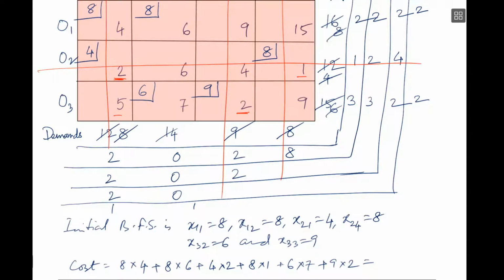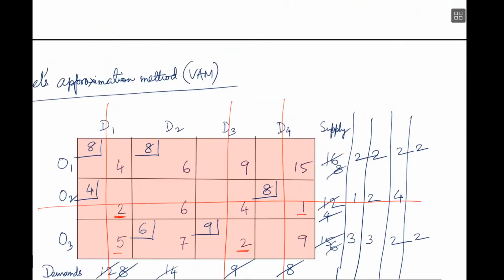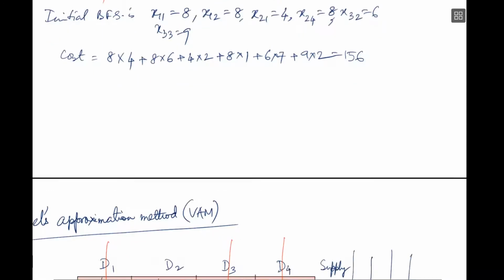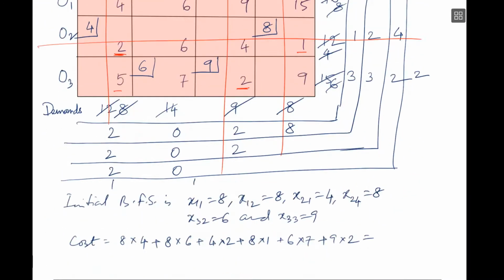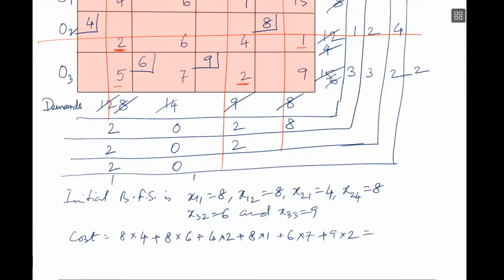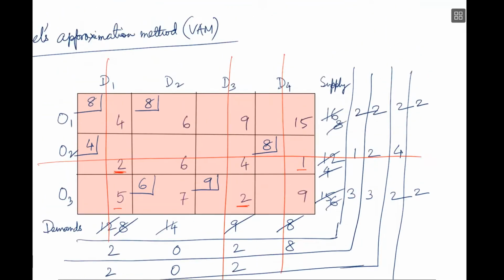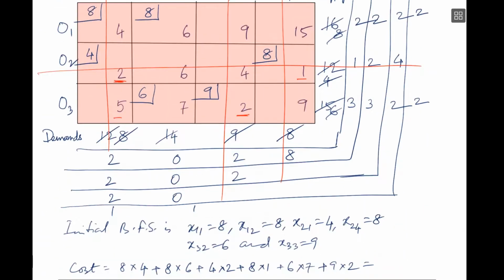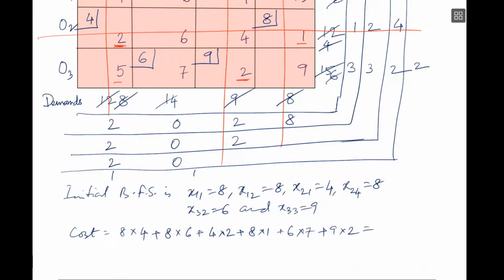Let's check. 8, 4, 8, 6, 9. Oh yes, we got the same solution as in the matrix minima method. So the total cost is 156 here also. Now we find the net evaluations.